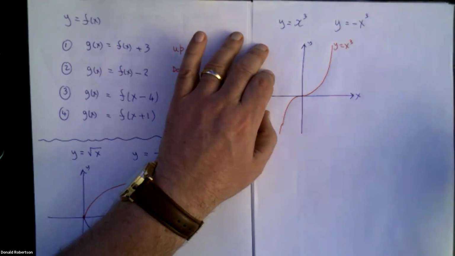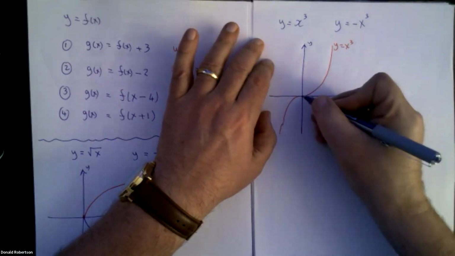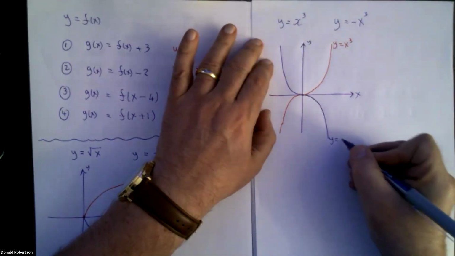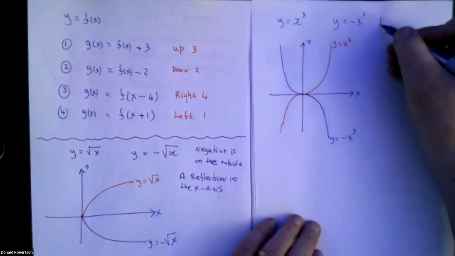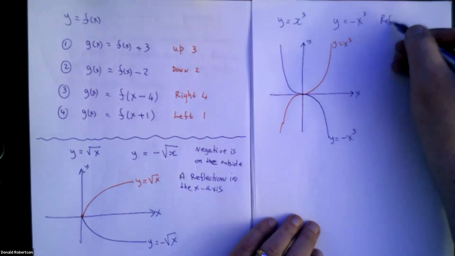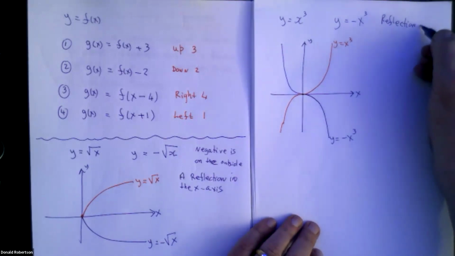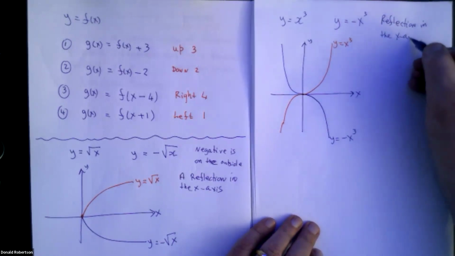So what would essentially happen is that this guy would come down like that, and this guy would go up like that, and you would now have your transformation. And we call that reflection in the x-axis.